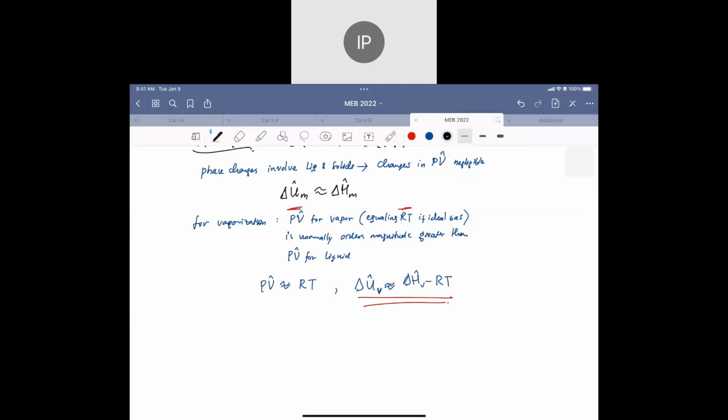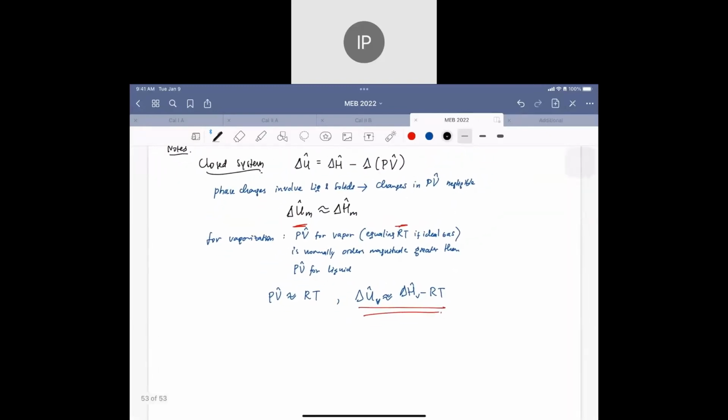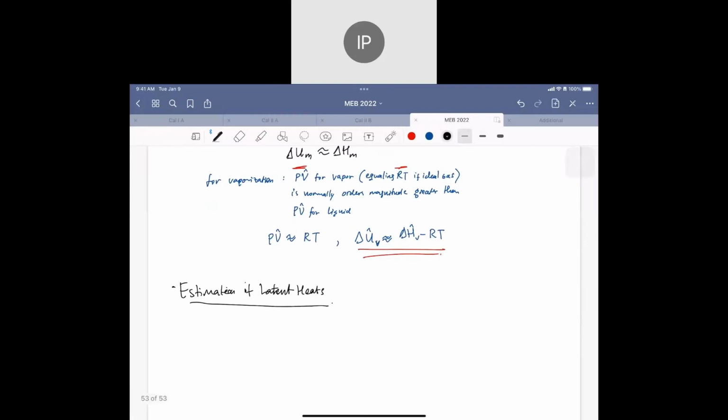Okay, now the next section is still the latent heat, but we have some methods to estimate the latent heat. So, estimations of latent heat. First, I just go directly to some rules.